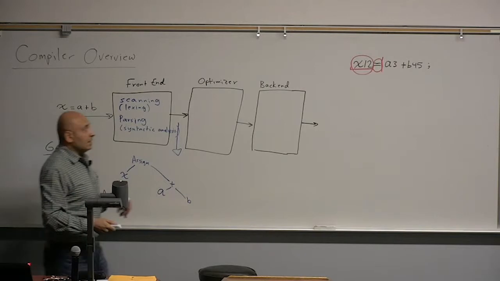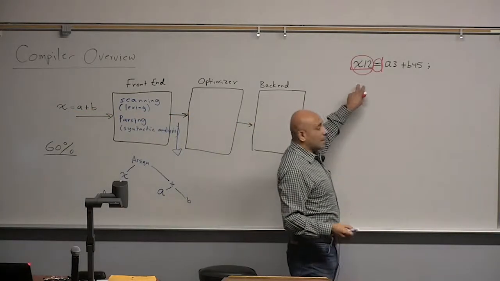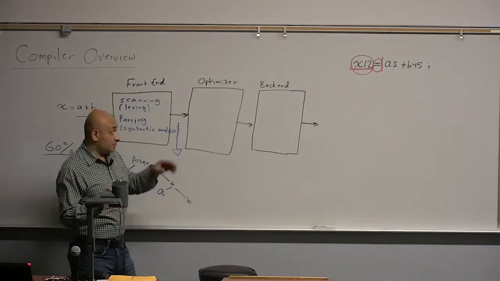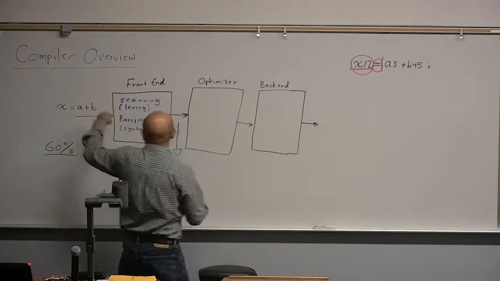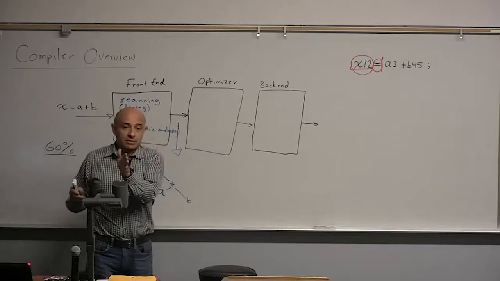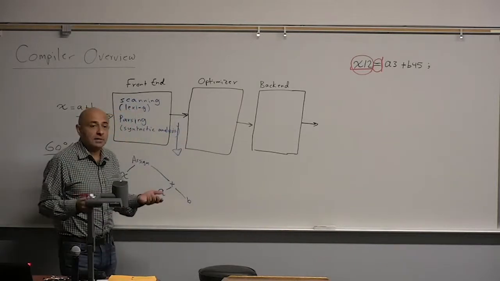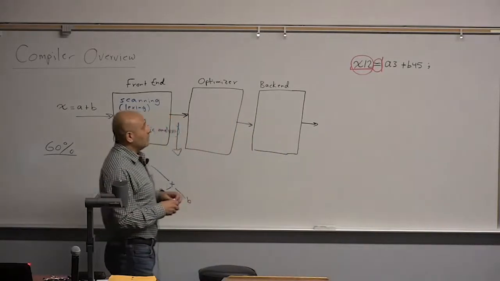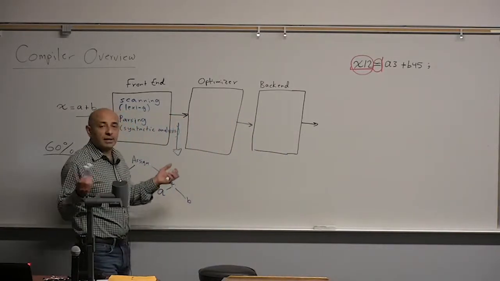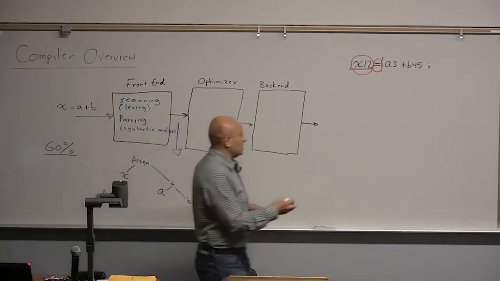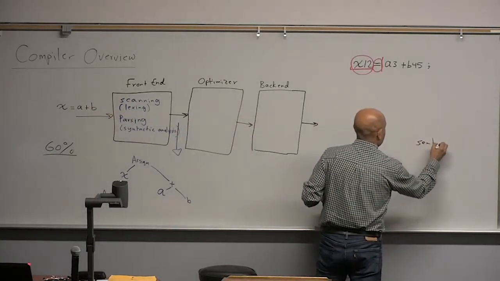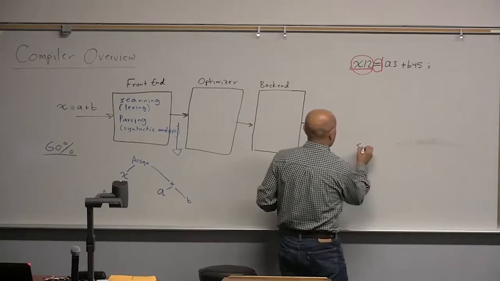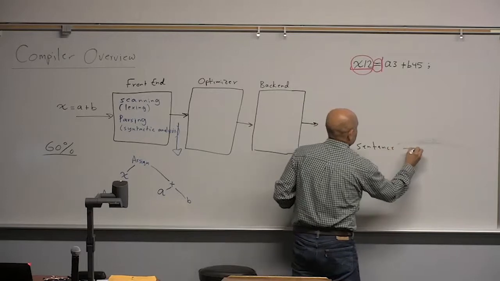It basically builds sentences out of words. So the scanner produces a bunch of words, and the parser takes these words and tries to build sentences out of these words. So in a regular human language, we talk about a sentence.